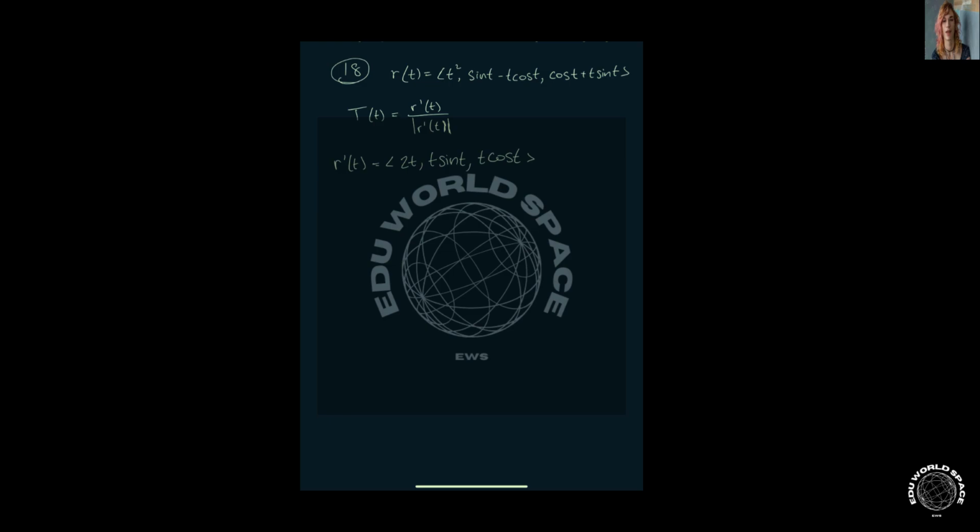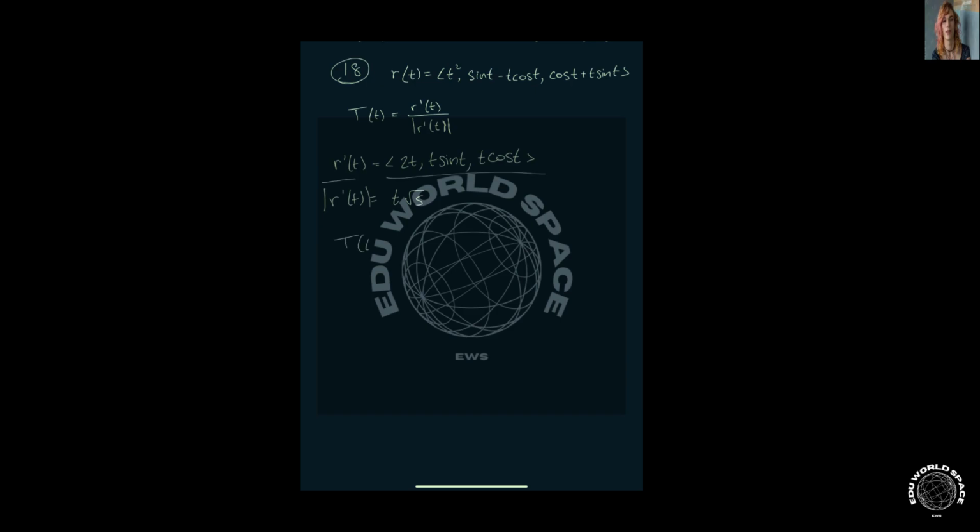And then when we're calculating the magnitude right here, it's going to be t root 5. And that's when we take the square root of all of these individual components squared. So with that in mind, now what we have is just dividing them to find T of t.